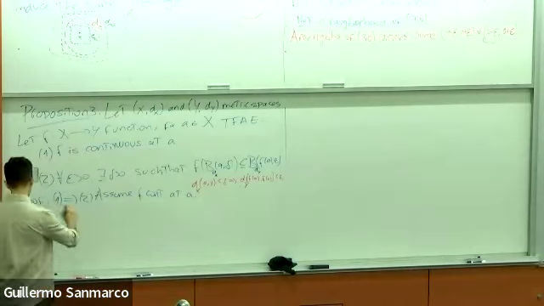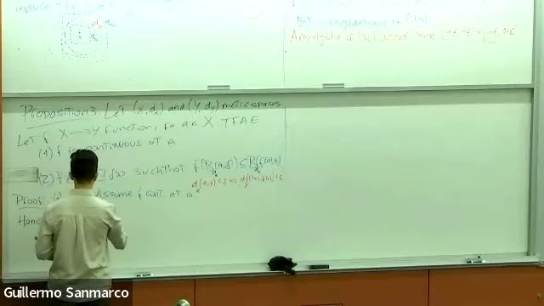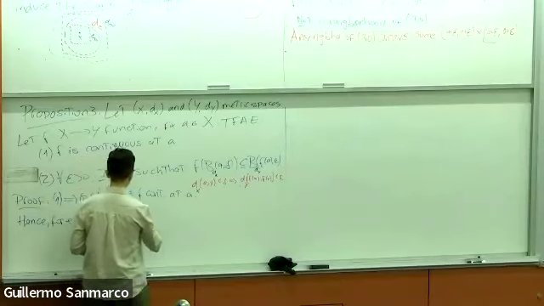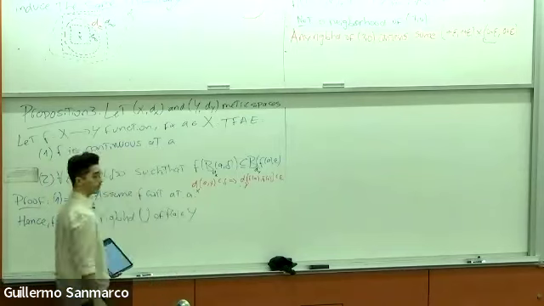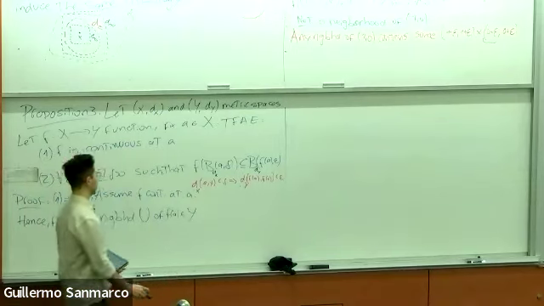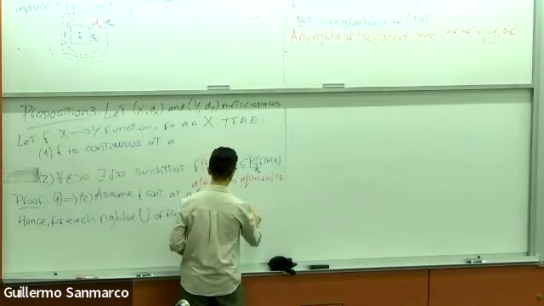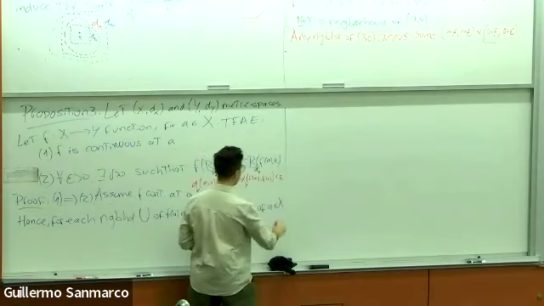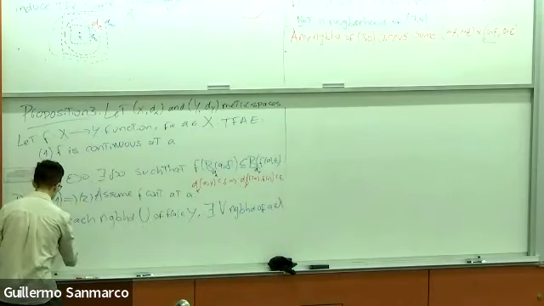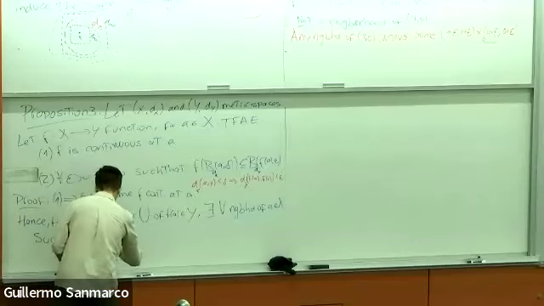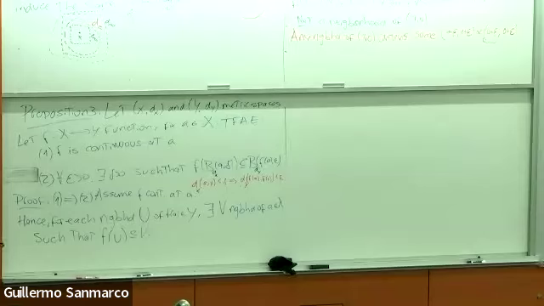What this means is, for each neighborhood, let's call it U of f of A in Y, there exists some neighborhood V of A in X that's going to be mapped into U. Oh, wait.